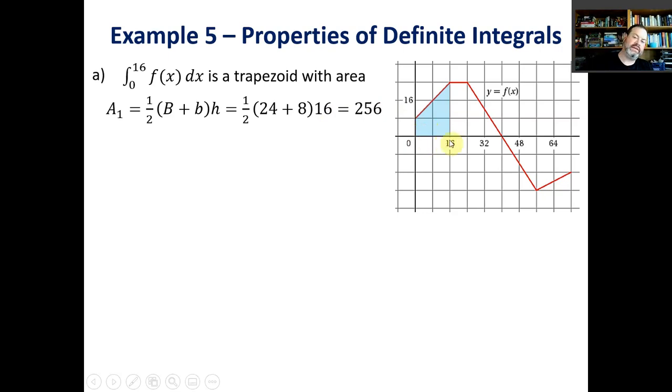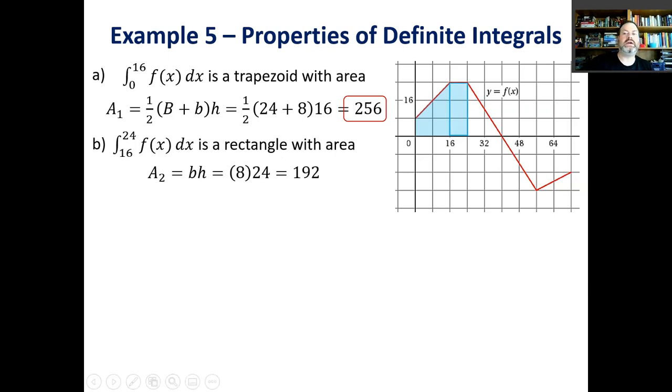Again, it's on its side, so it's 256. Here we're using just a geometric property of the definite integral. Definite integrals are areas. You're allowed to compute this area any way you want. Some areas are better than others.